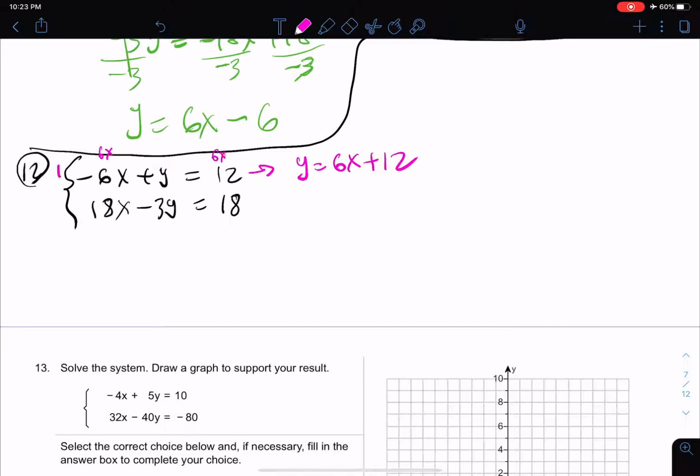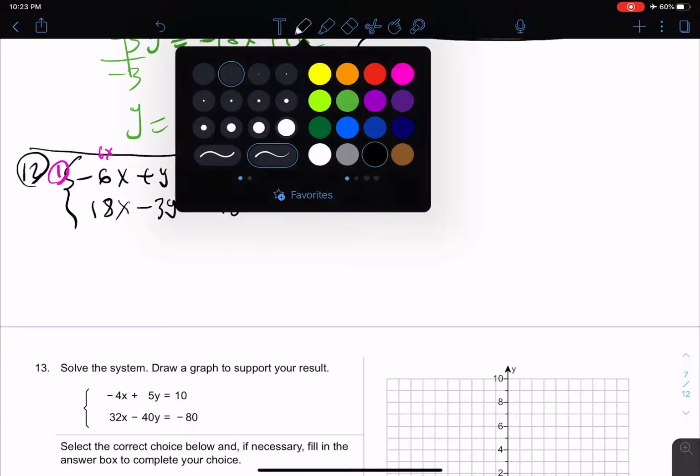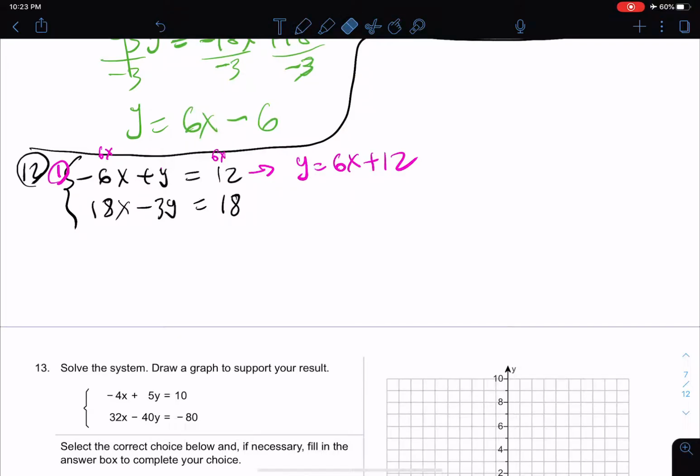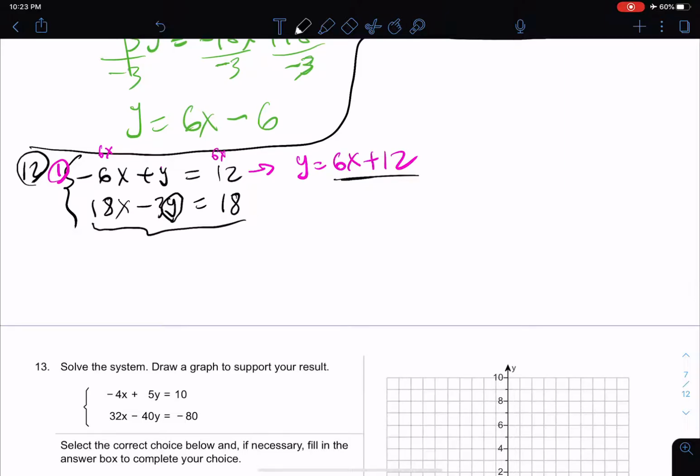Now this was equation number 1, and if y equals 6x plus 12, can't I replace the y with that? Okay, so I'm going to now copy this equation down, 18x minus 3 times whatever y equals, and we found out in pink that y equals 6x plus 12.